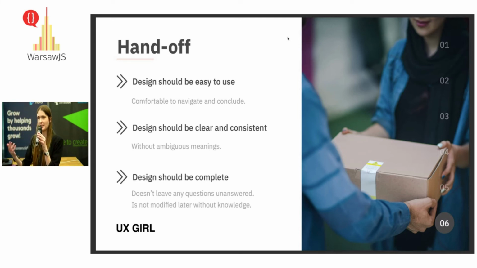But right now we have very good tools for that. We have Zeplin, we have Figma, and all the other tools where the front-end developers can do really small work with that, in terms of pixels, for example.